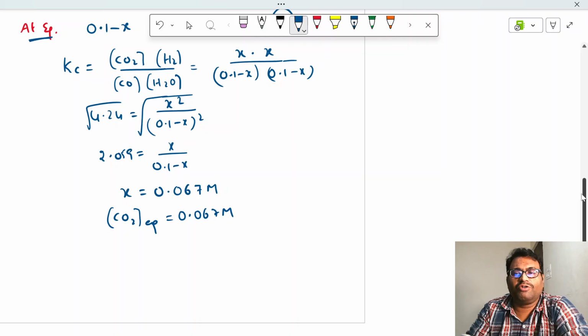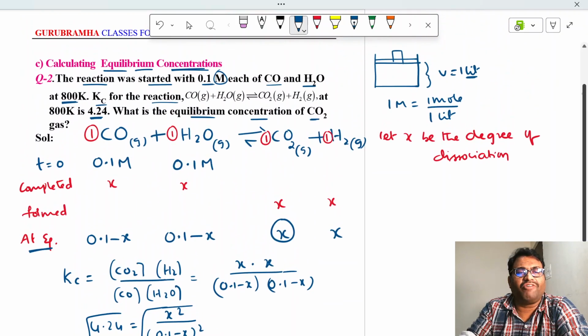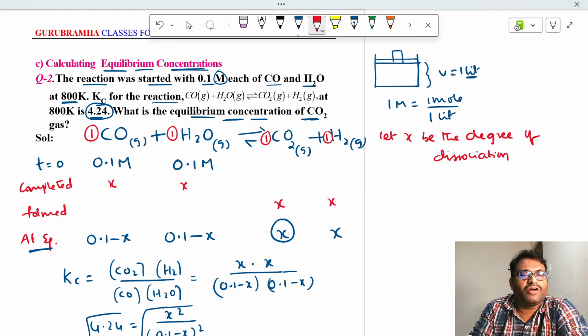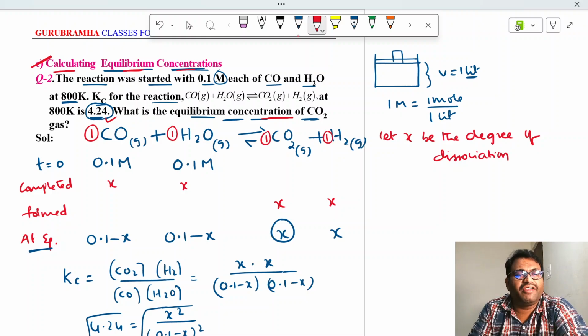So this is how, by using the equilibrium constant, see what is given here, equilibrium constant is given, and you are asked to calculate the equilibrium concentration. So by looking at the equilibrium constant, are you able to calculate the equilibrium concentration? Yes, we are able to calculate it. So that is what the third application is. We are able to calculate the equilibrium concentration by looking at the equilibrium constant.